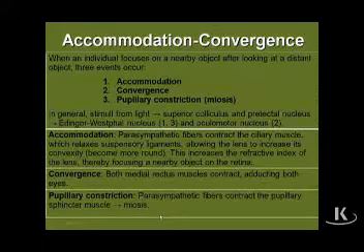The accommodation process is where the parasympathetic axons contract the ciliary muscle, and in effect that has an indirect effect on the lens, because ciliary muscle contraction relaxes structures called the suspensory ligaments. When the suspensory ligaments are relaxed, it allows the lens to round up and increase its convexity for near vision. That allows us to change our ability to focus on an object whose depth of field has changed.